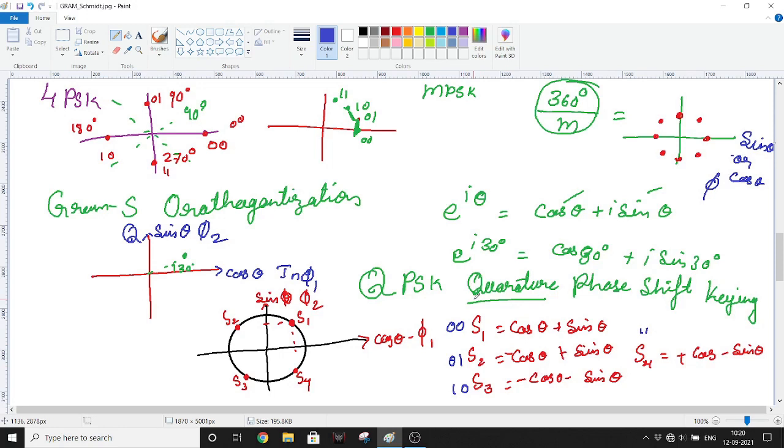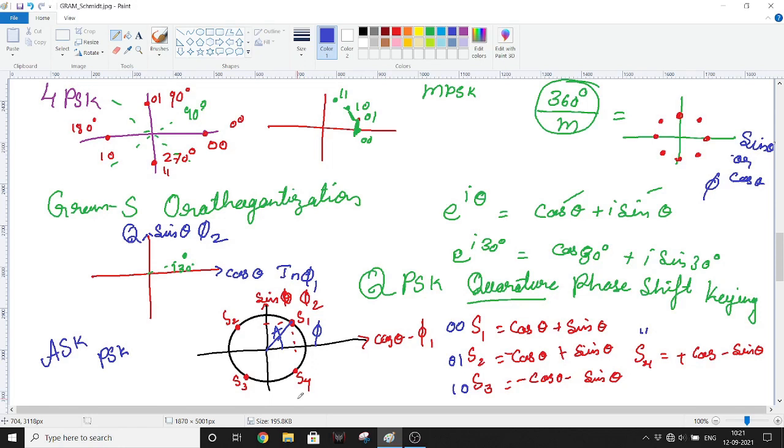Once we have observed both ASK and PSK, we know that we can play with two variables, that is the phase and the amplitude. Then why can't we use both properties in a phasor plot to represent our symbols and achieve a better separation between each symbol and a higher degree of detectability with reduced error?